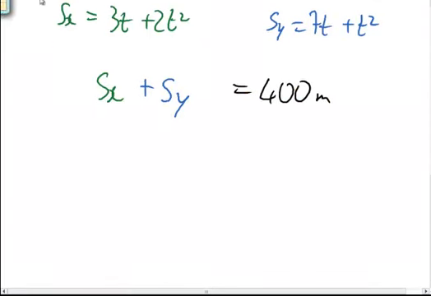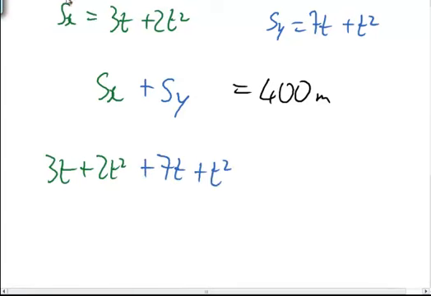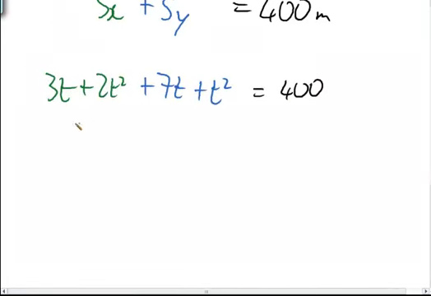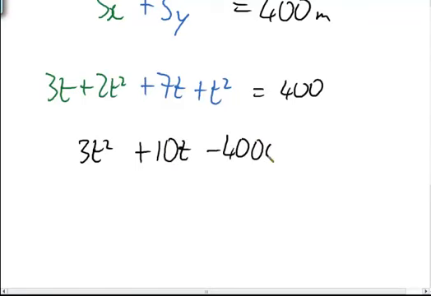So I can fill in these. 3t plus 2t squared, that's the distance x covers, plus 7t plus t squared, the distance that y covers, is equal to 400 meters. Now we can add the t's and the t squareds. We get 3t squared plus 10t, and then bring this over, minus 400 is equal to 0.